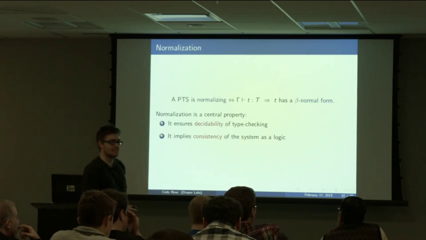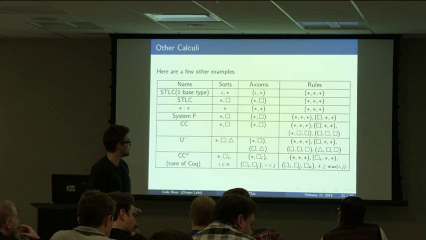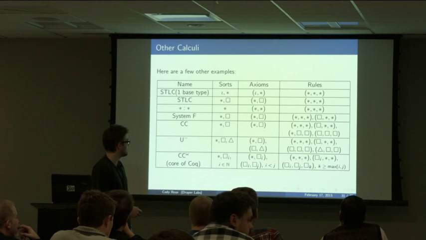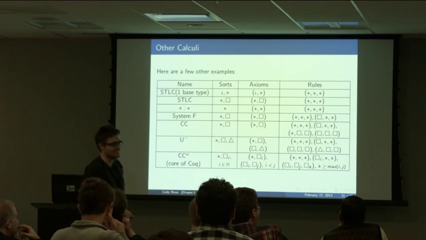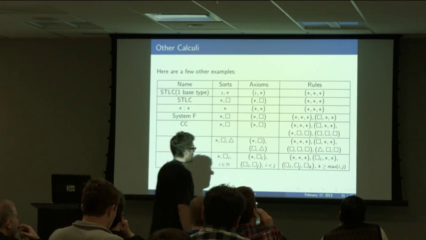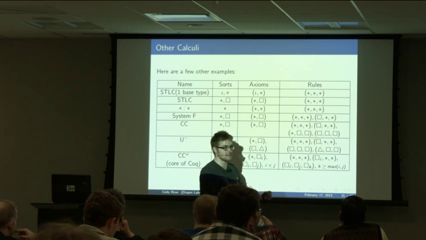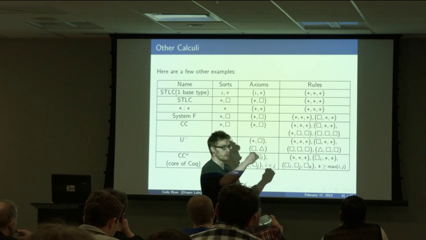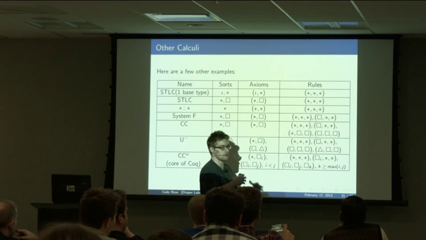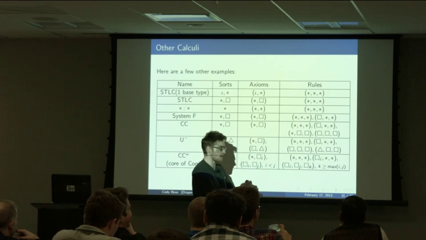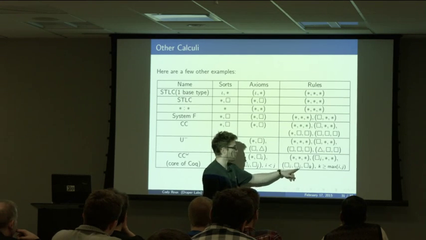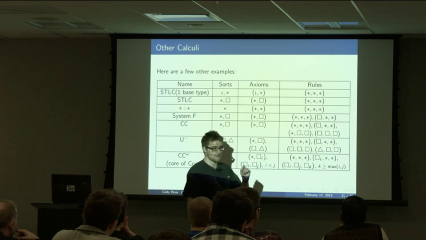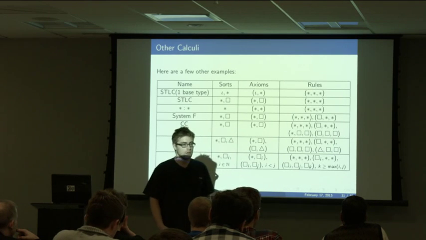Question on that: where did star box go in CC omega? Oh, I guess I forgot it. Okay. So you don't really need it. What you can do is instead of working in star, you move everything up one floor. So the basement is flooded, so star is flooded. You move everybody up to box 0, and then you have box 0, box 1, box 1, and that's your star box.